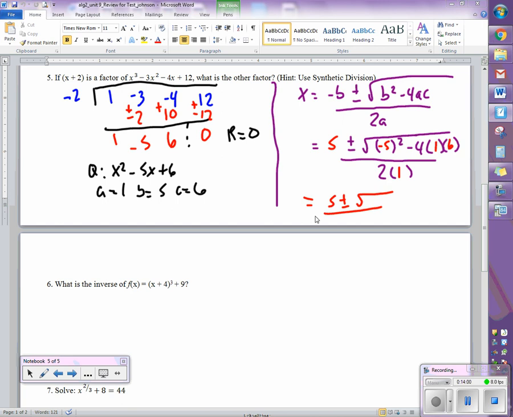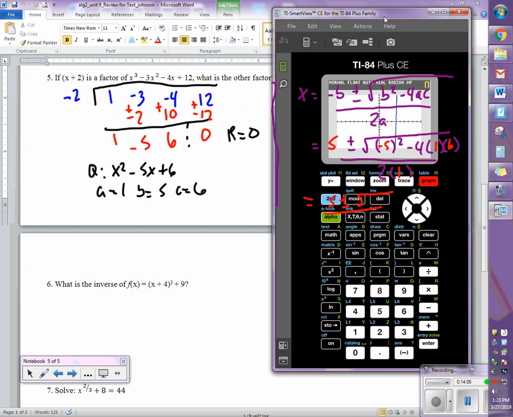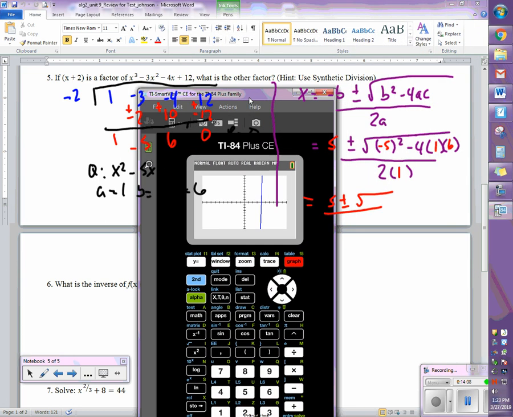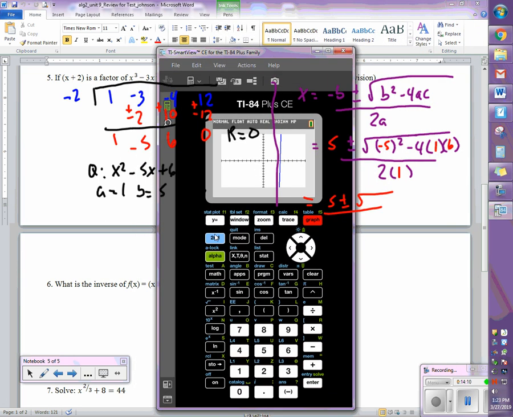We're going to find the discriminant first, which is everything under the root without the root. So that's parentheses -5 squared minus 4 times 1 times 6.